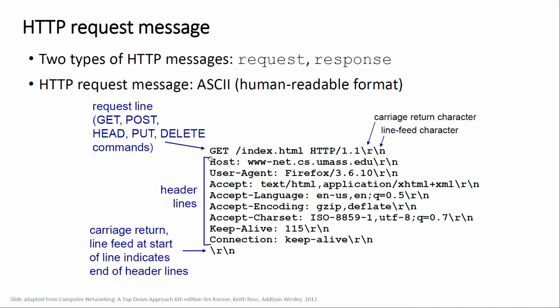Generally, when you are requesting something for the first time, you have to use GET. So in this case, you want to download the object index.html. Then this is the version number, and then you have a carriage return character and a line feed character. Then you have headers, and at the end of the headers you also put a carriage return and line feed, which indicates the end of the header lines.